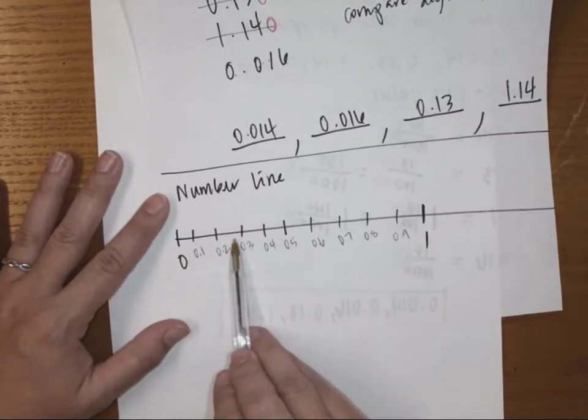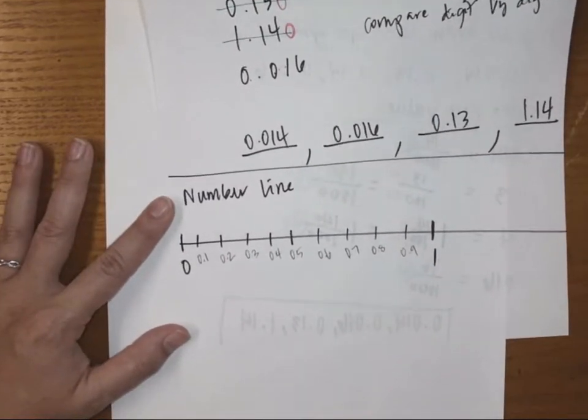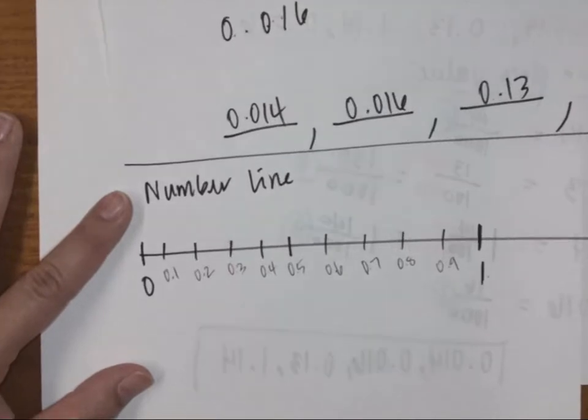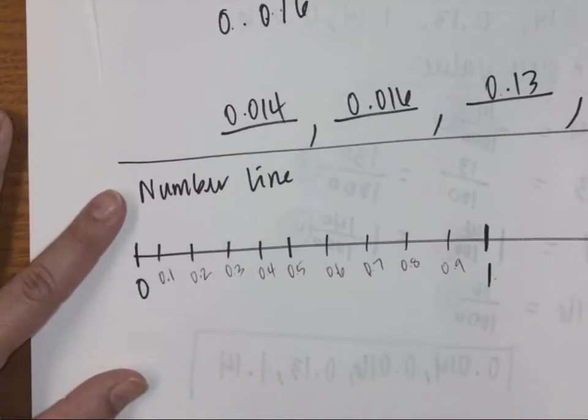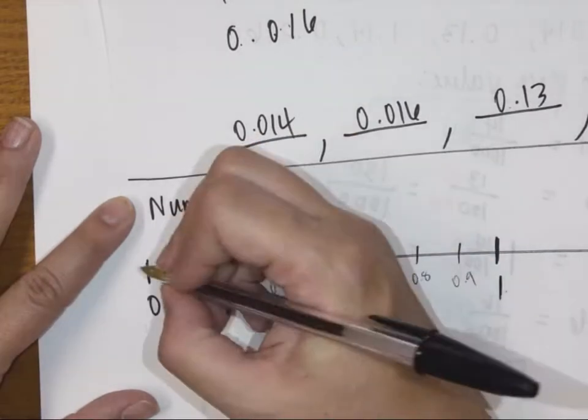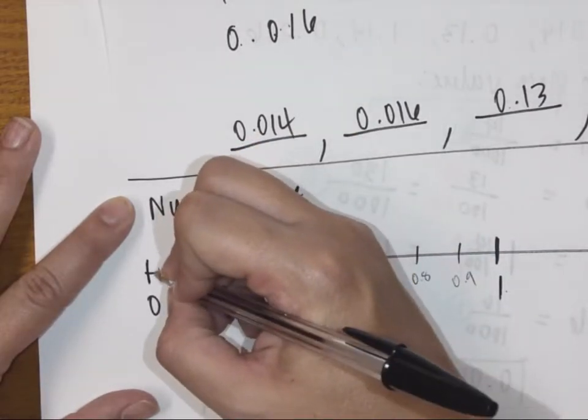And then within each one of these, let's see if I can zoom in a little bit and write small enough here. Within each one of these, there's 10 places, right?